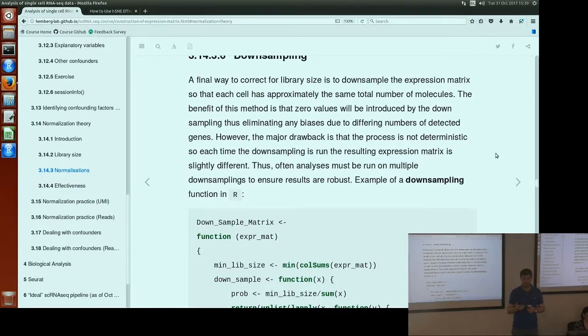In particular, in a case where there are substantially different cell types, if a particular gene is expressed moderately or highly in a particular cell type, which makes up 10% of your cells, then by definition that's going to be mostly zero across all the cells you've assayed. But you're not going to want to drop that gene from your analysis because it has important biological meaning.